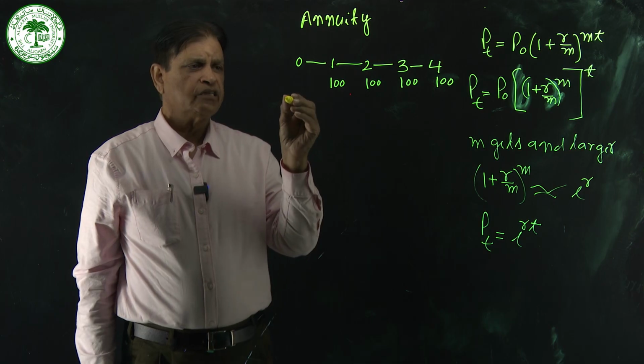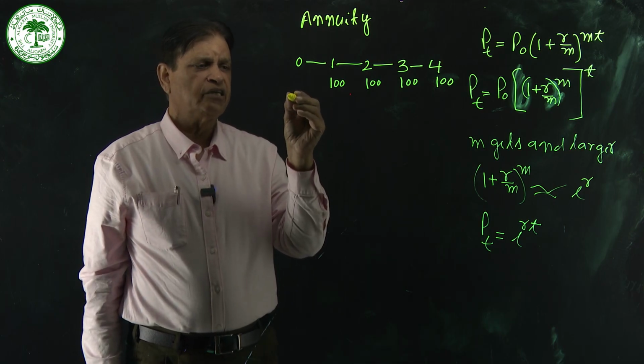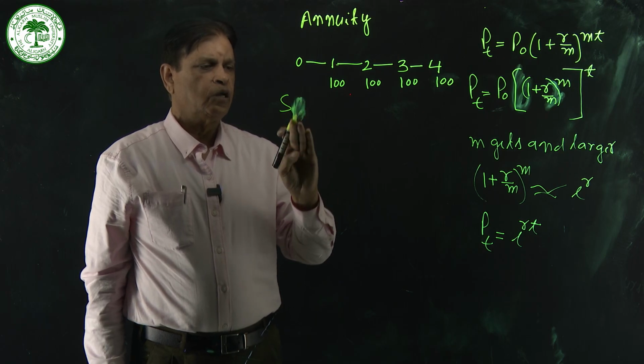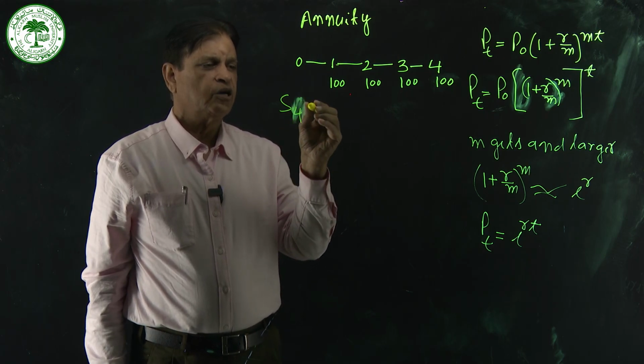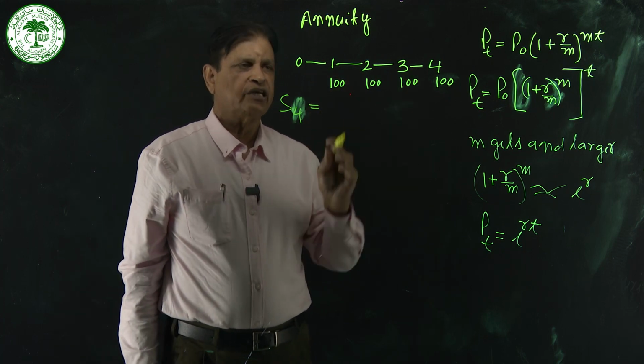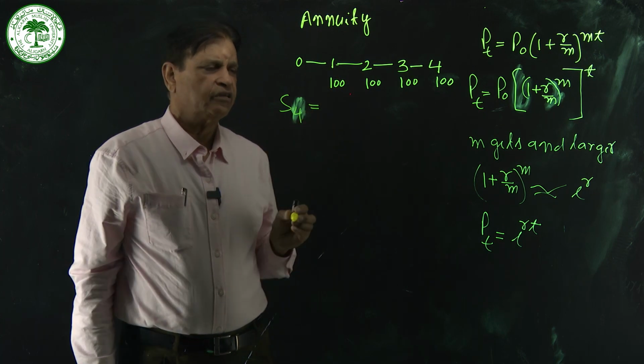So let us find the sum of this annuity. We write it as 4, because there are 4 annuities, that is, 4 years. So we have written 4.